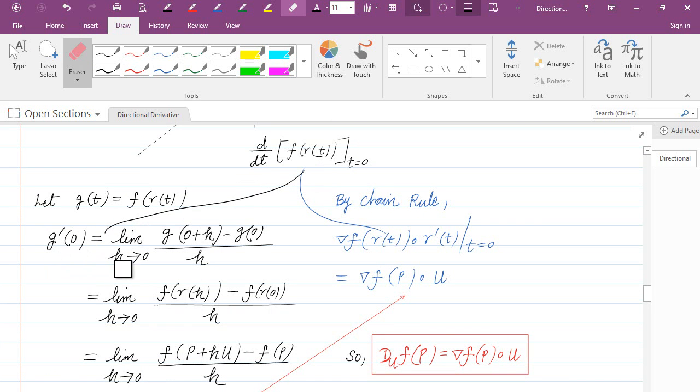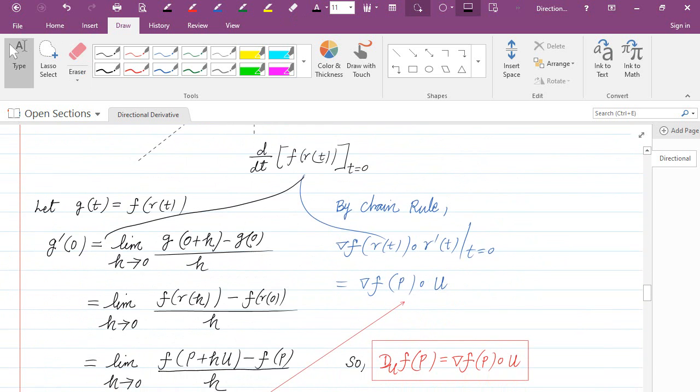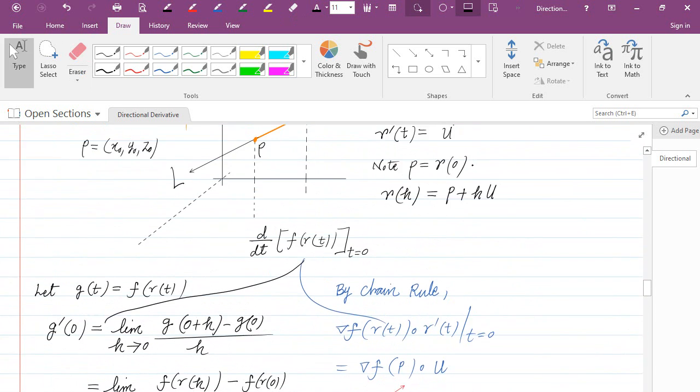Now g prime of 0 is the limit as h goes to 0 of g of 0 plus h minus g of 0 over h. Now g of 0 plus h is the same as g of h, and g of h would be f of r of h, and g of 0 would be f of r of 0. Now recall that r of 0 is P, and r of h is P plus hu.